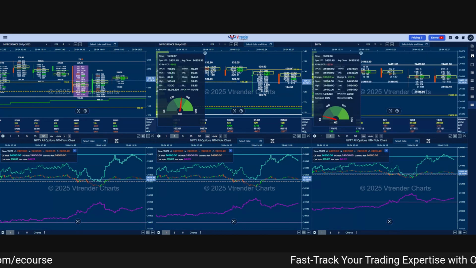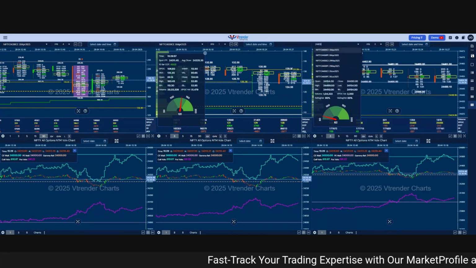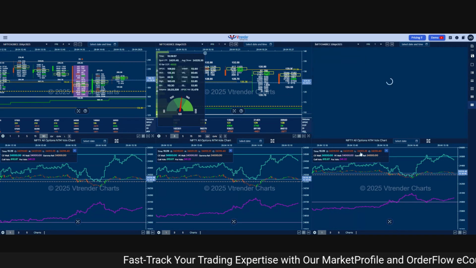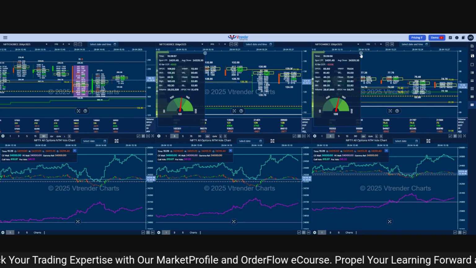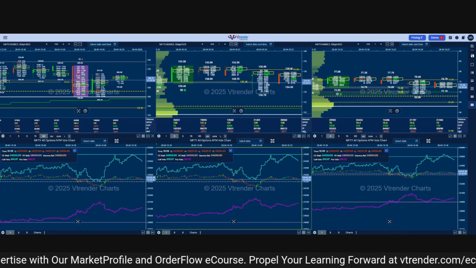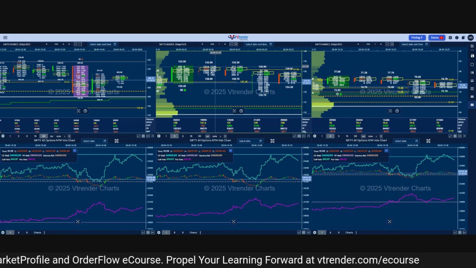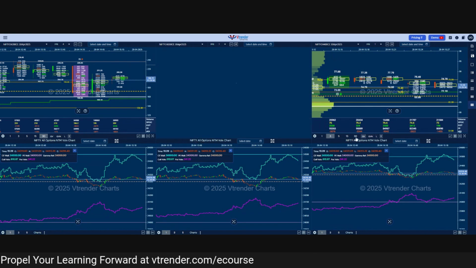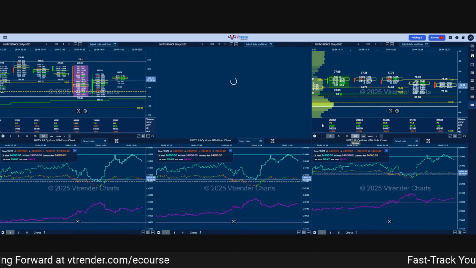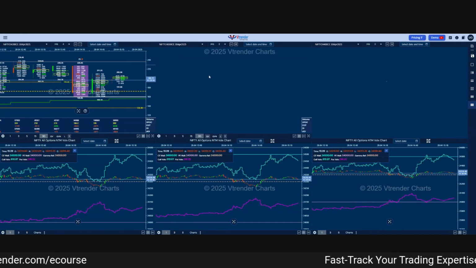So if you are an option writer, or if you're looking at swing positions and you want to see what the broader market is looking at, what is happening on multiple option legs, this is a very good way of using this 6 window mode and just switching all of them to the 30-minute time frame.